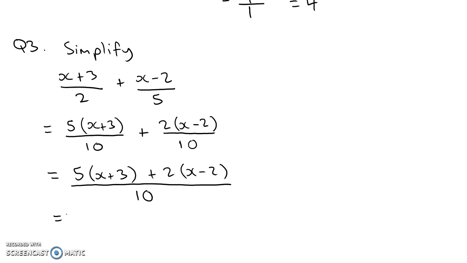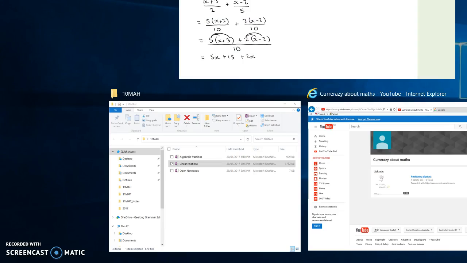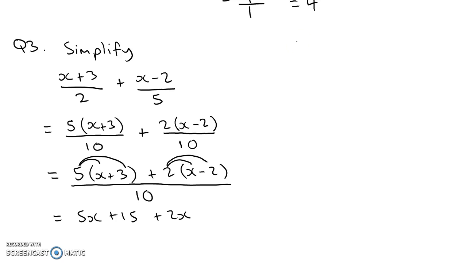And our final step is to expand out and then simplify further. So 5 times x is 5x, 5 times 3 is 15, 2 times x is 2x, and 2 times minus 2 is minus 4.